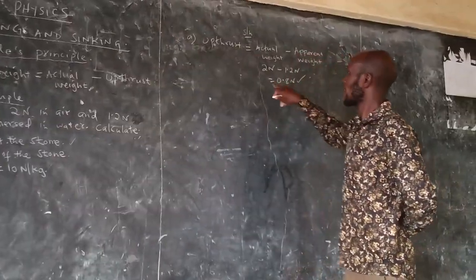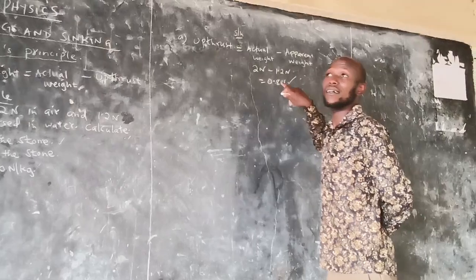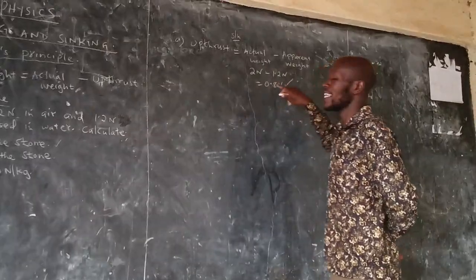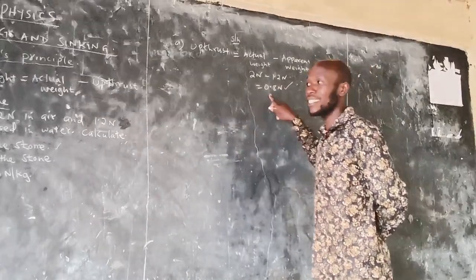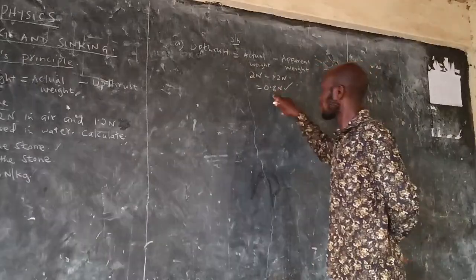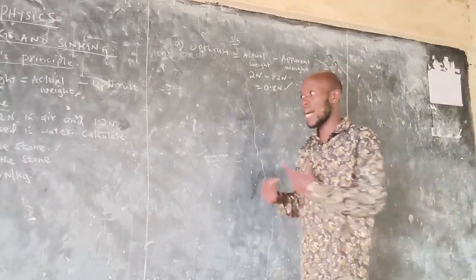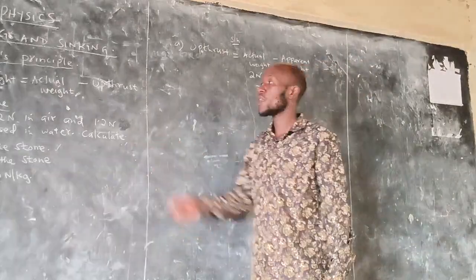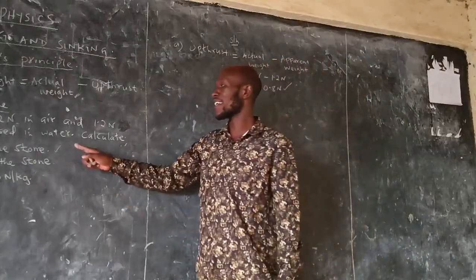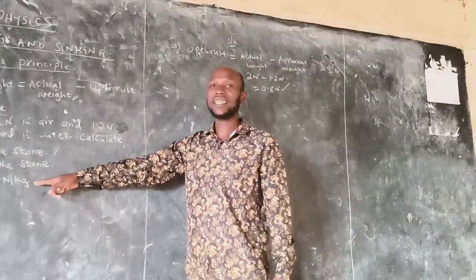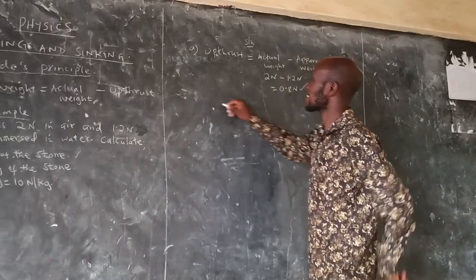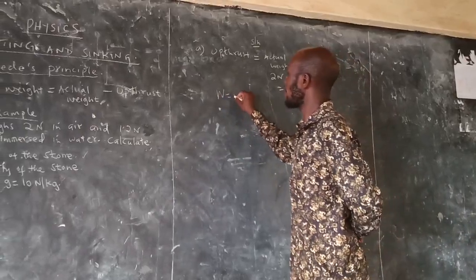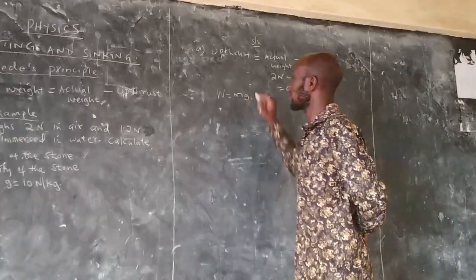We have the weight of the liquid that is displaced. Now, from this weight, how do we go back to get the volume? We are given the acceleration due to gravity as 10 Newton per kilogram. And we know very well that weight is given by mass times the acceleration due to gravity.